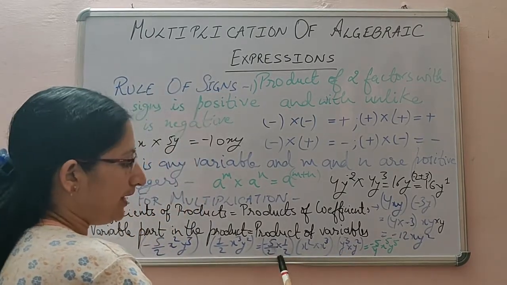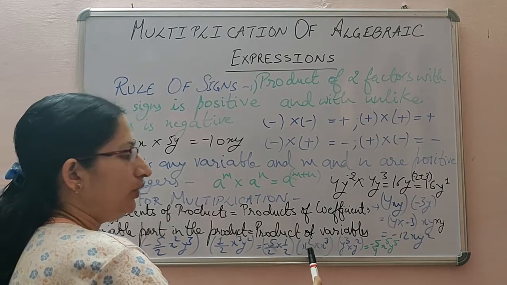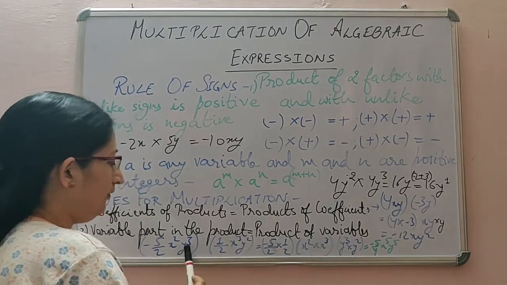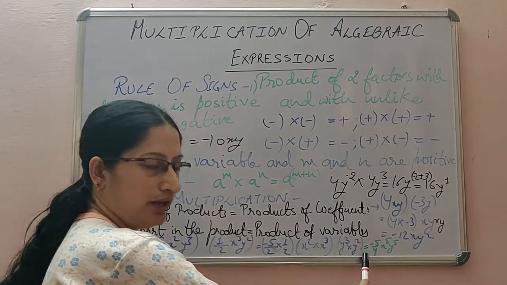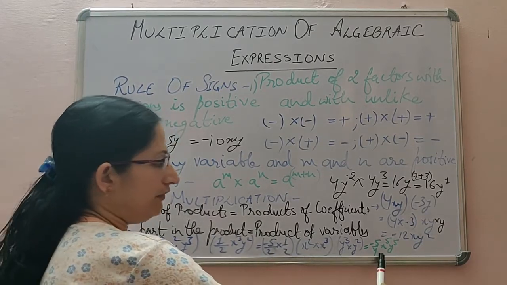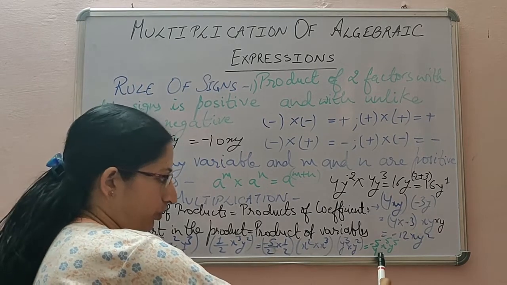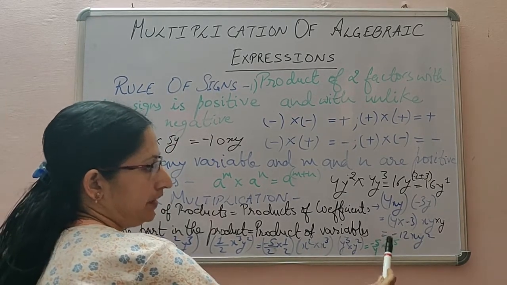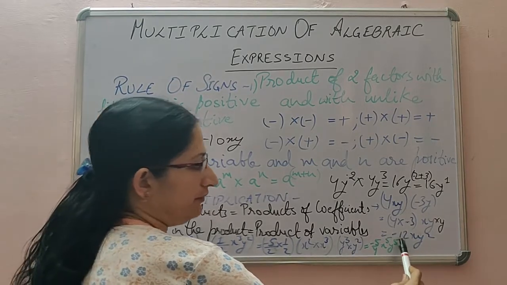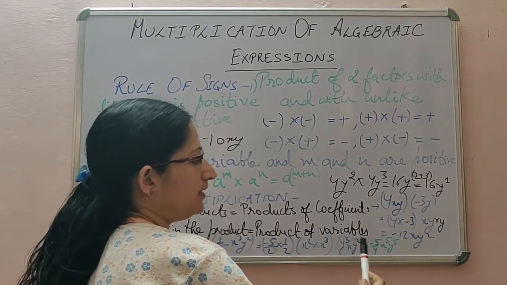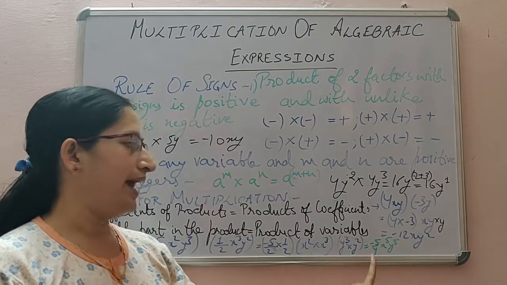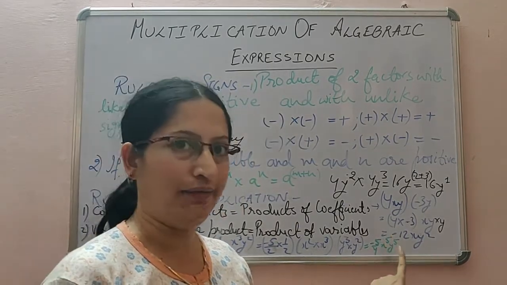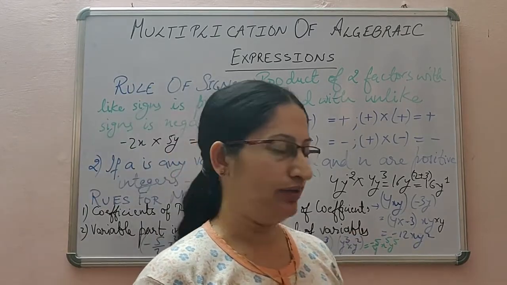So minus 5 by 2 into 1 by 2 into x square into x cube, and then y cube into y square. On multiplication we will get minus 5 by 4 x to the power 5, because 2 plus 3, and y to the power 5 again, because 3 plus 2. So the answer is minus 5 by 4 x to the power 5 into y to the power 5.